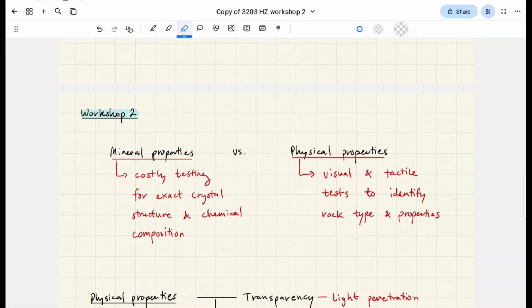So in reality, geotech engineers are trained to understand the physical properties of rocks, literally how they look and feel, so that they can make fairly certain claims about what a rock might be and understand its mechanical properties straight up, without needing all this expensive testing. So that's the point of your physical properties.